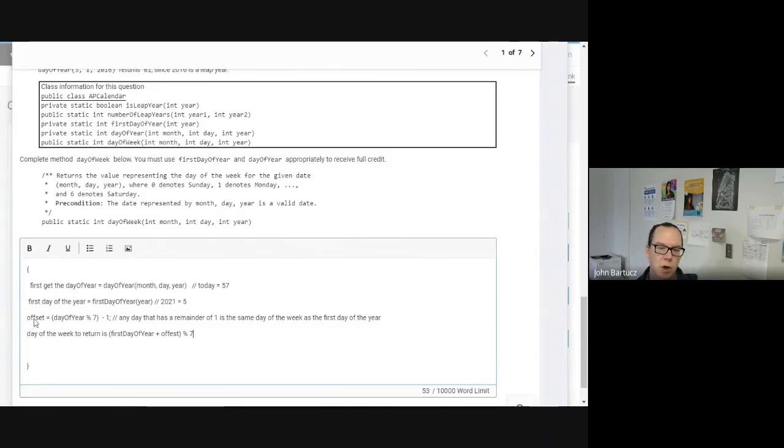So the offset is the current day of the year modulus 7, so the remainder of that with 7, minus 1, because remember, the first day of the year starts at 1 and not 0.